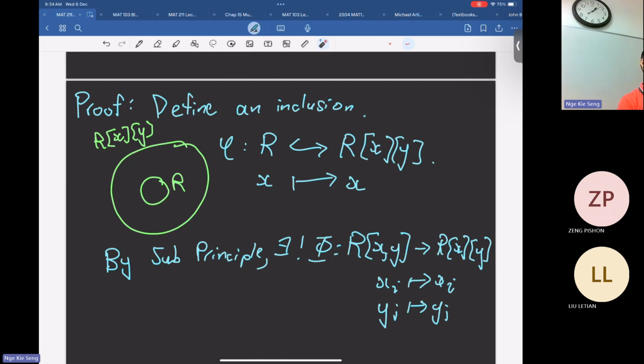Then how to show this is a bijection? Quick, too slow. How to show bijection? And mind you, in the exam, again, you will need to show these things. So what do you need to show for bijection?